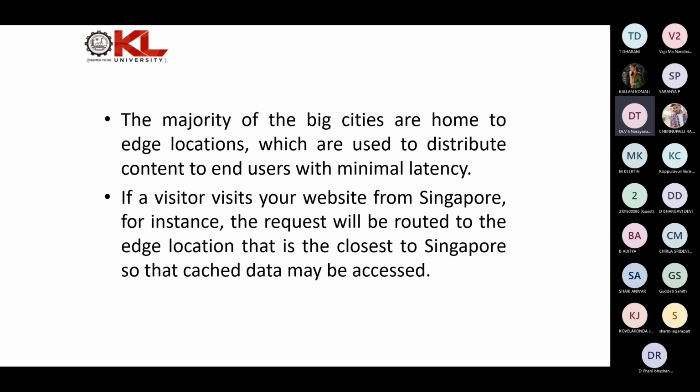If a visitor visits your website or web server from Singapore, for instance, the request will be routed to the edge location closest to Singapore, so that the cached data may be accessed from the edge location.